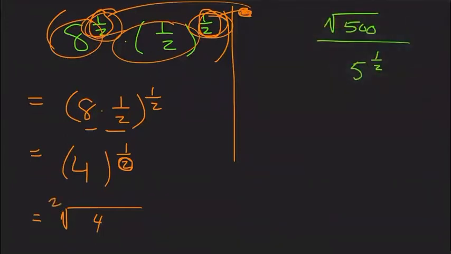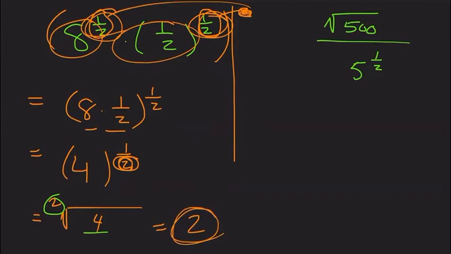So if you remember, if it was 4 to the 1/3 power, that would be the cube root of 4. But here we have a 2 on bottom, so it's square root. And then what is square root saying? It's saying what number multiplied 2 times gives us 4. That's going to be 2. 2 times 2 gives us 4. So our answer here is 2.